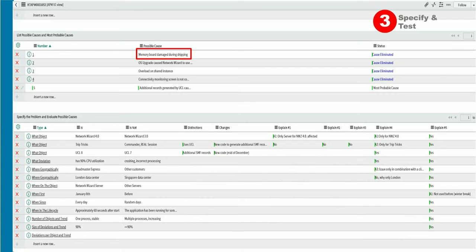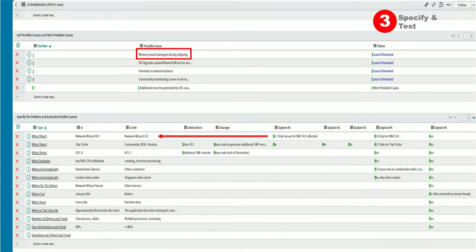If this is a possible cause, it does not only have to explain that Network Wizard version 4 is affected, but also why version 3 is still working. In this particular case, we run them on 2 different servers, so it might make sense, and we can go on to the next data pair.